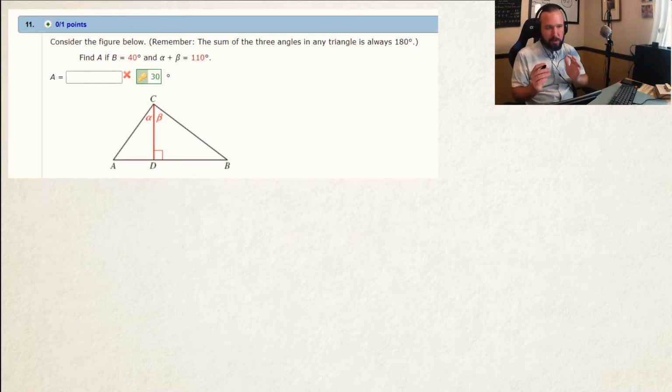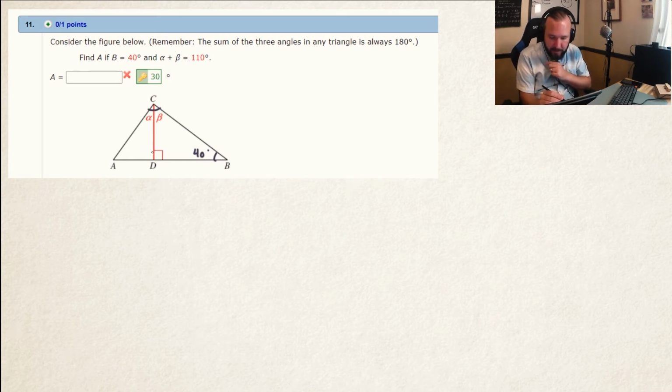Okay, here's another one that's just a little bit more complicated. They kind of hide the information a little bit. Let's see if we can get it. So what are we looking for? Find A. So what I'm looking for is A, and they tell me B. B is 40. And they tell me that alpha plus beta is 110. So that whole angle right there is 110 degrees.